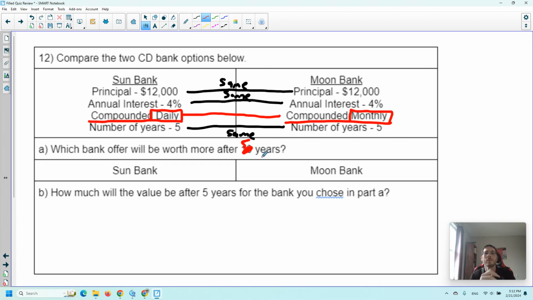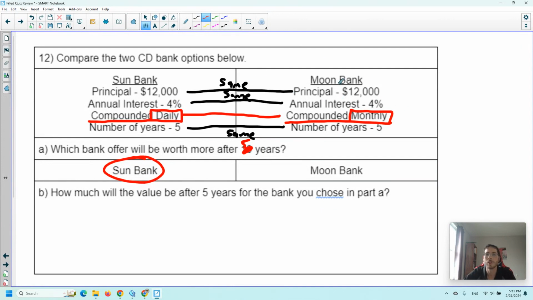So we just ask ourselves, all right, do I make more money if I get paid every day or every month? Even though we're getting paid a smaller amount every day, that extra interest on what you're paid adds up. So we already know that the answer has to be Sun Bank because a daily rate is going to pay more than a monthly rate. Same thing, a daily rate will pay more than a quarterly rate.